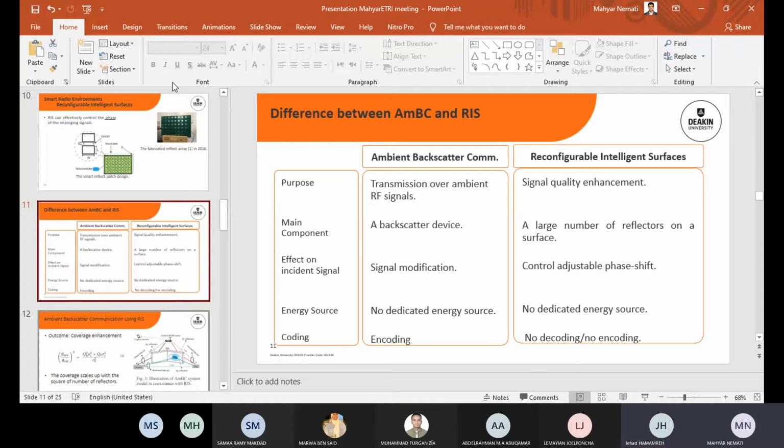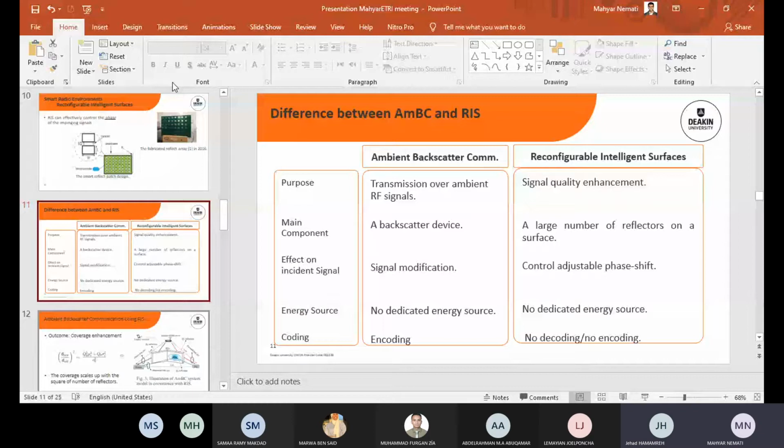Another difference is the signal modification, which is done in backscatter communication to send the data. But in RIS, we are just controlling the phase shifts, for example, to avoid any phase distortion at the receiver.